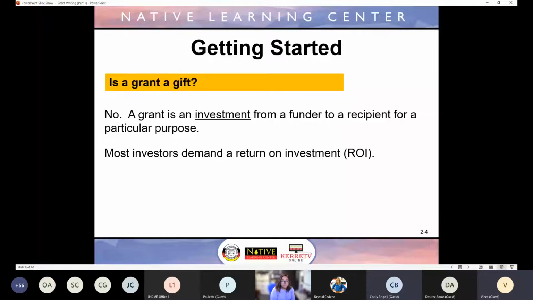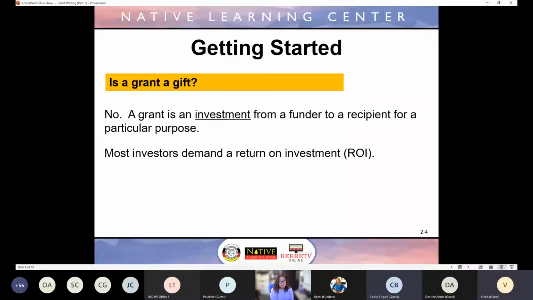If you look at grants as an investment rather than a gift, rather than a given, then I think you have a much better viewpoint of your responsibility. So that's important. And always remember that somebody or something is looking for return.